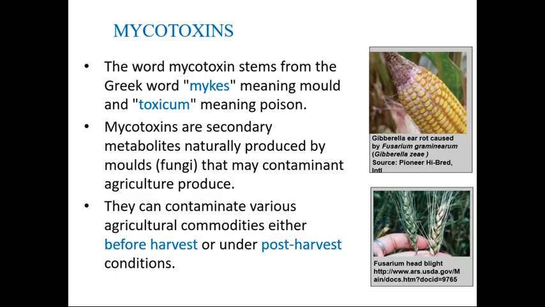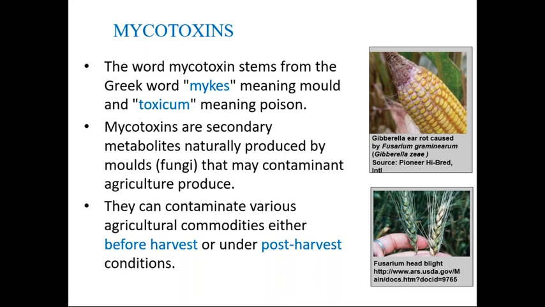Now let's come to the mycotoxins, which are very important. This word mycotoxin stems from the Greek word mykes, which means mold, and toxin means poison. The mycotoxins are secondary metabolites which are produced by these fungi in the plants they use as food, and they contaminate the agricultural produce.